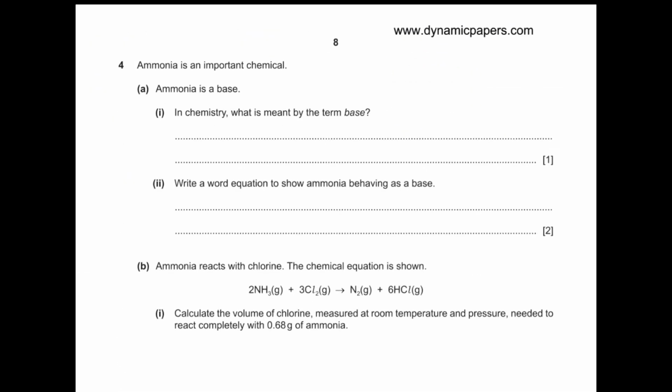Question 4. Ammonia is an important chemical. Ammonia is a base. In chemistry, what's meant by the term base? A base is a proton donor. Write a word equation to show ammonia behaving as a base.